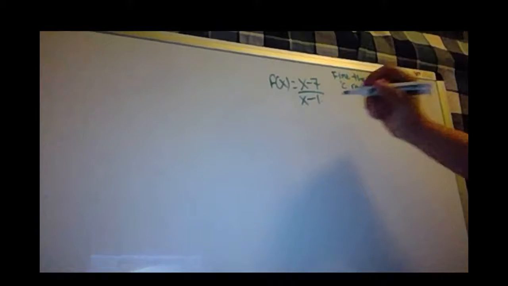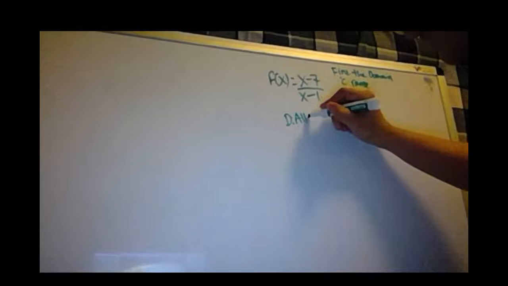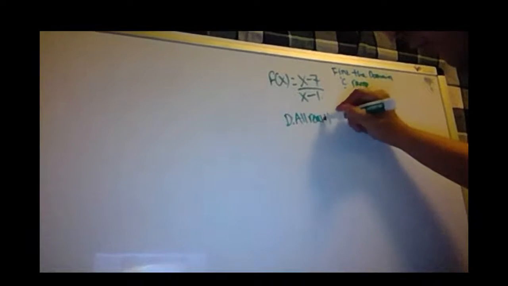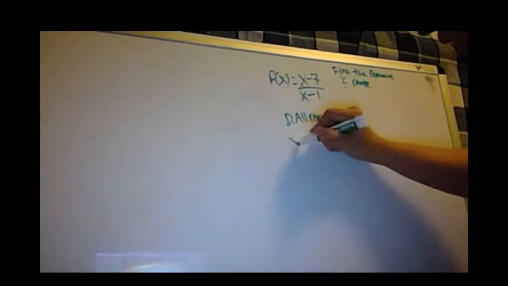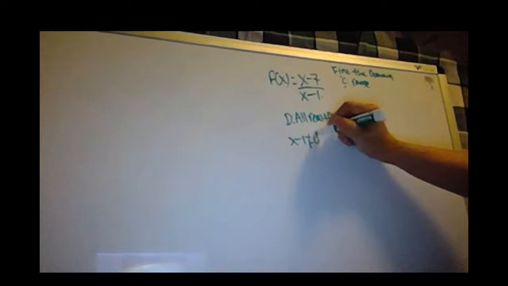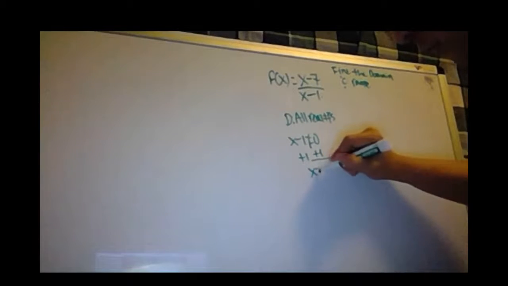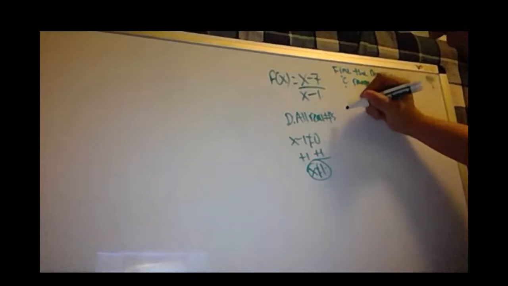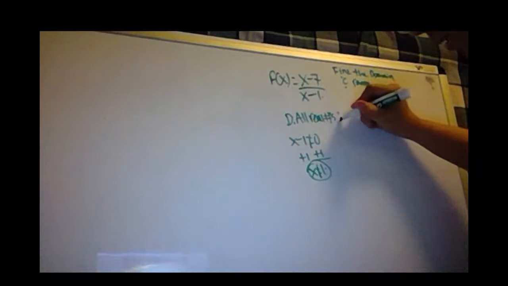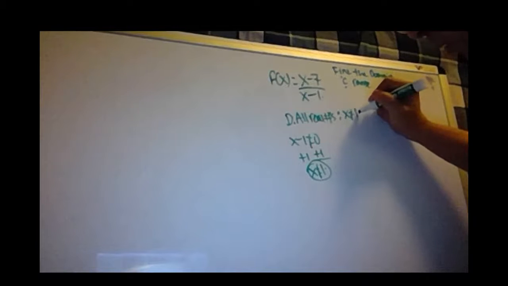So basically, again, the domain, we can write this as all real numbers. And remember, x minus 1 cannot equal 0. We're going to solve for x, so x cannot equal 1. So that means it's all real numbers such that x does not equal 1.